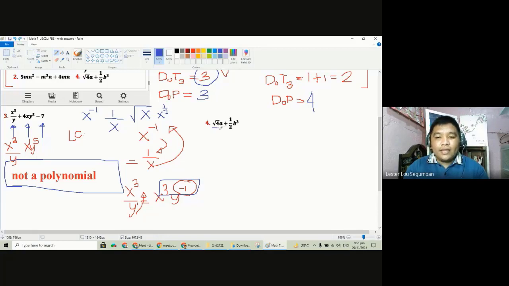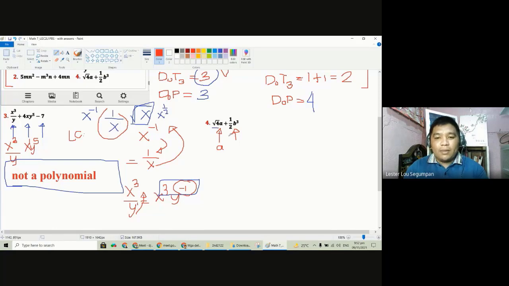This would mean that our a here is not part of the root symbol, and it doesn't fall to this. Therefore, we could say our literal coefficient for the first term is simply a, but not square root of a. It's just a.